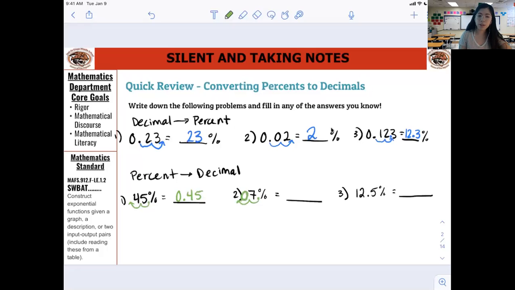You have a blank space, you're going to fill it with a 0. And 12.5%? Careful. Try that again. Oh, I'm sorry, I added an extra 0. 0.125. Good.